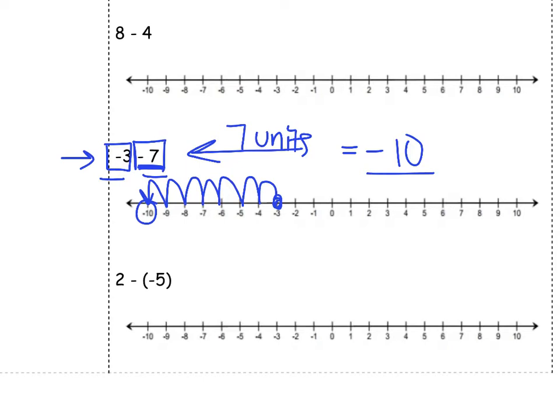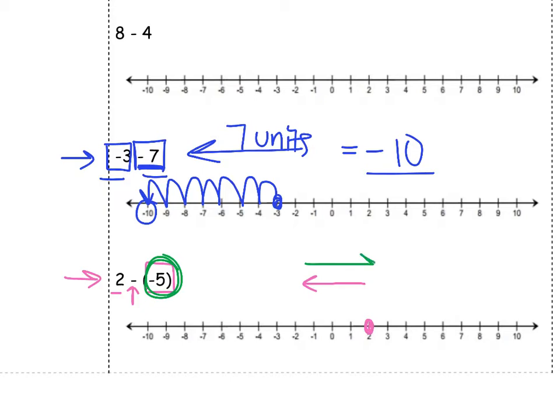And then lastly, this one's probably the most complicated. We have 2, so start at 2. And then it says I'm going to minus a -5. So when I think about minus, I know minusing is going to make me go to the left. But then when I add in this -5, I have to reverse directions again.